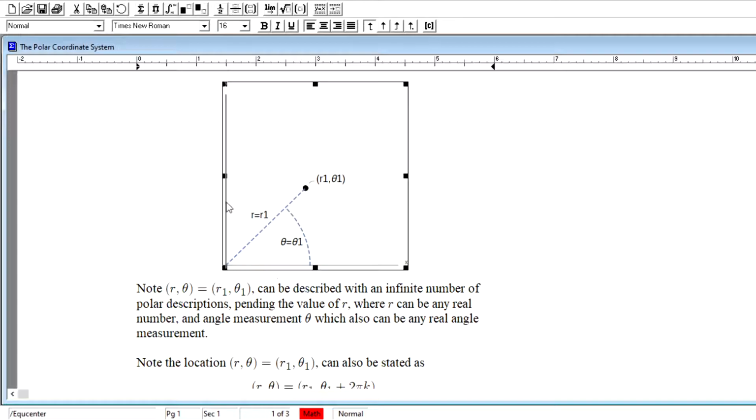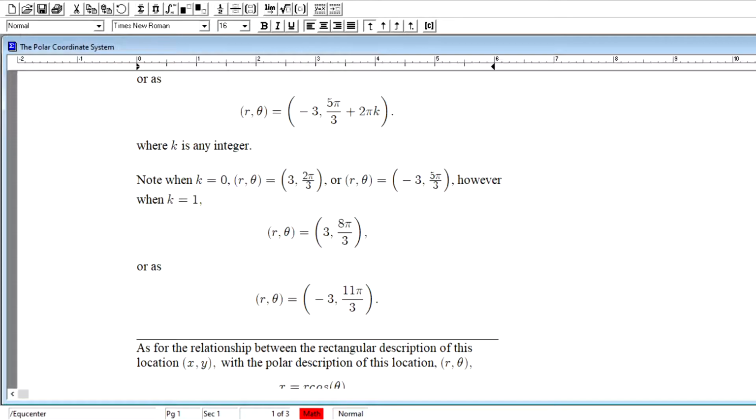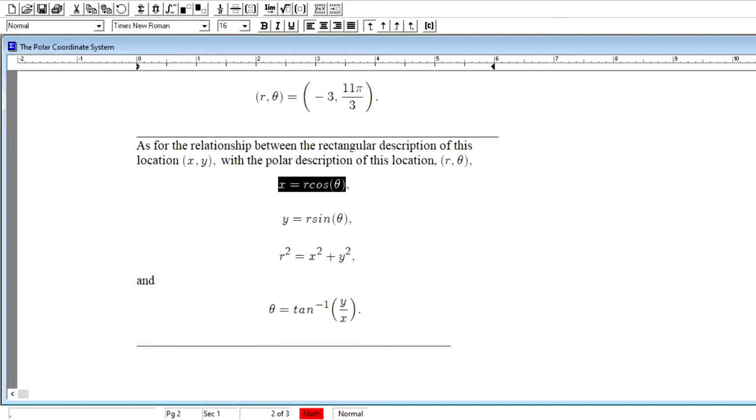Right? And using just a little right triangle trig, you could say the cosine of theta is going to be your adjacent side over your hypotenuse. Well, that's going to be x over r. So that means x is equal to r cosine theta. And that is what we see described below here. Right? X is equal to r cosine theta in this relationship.